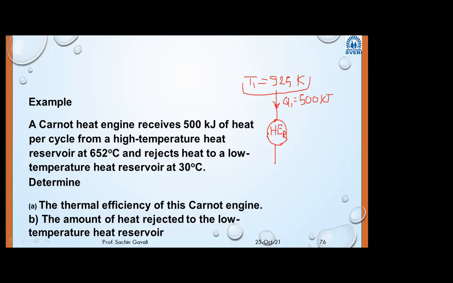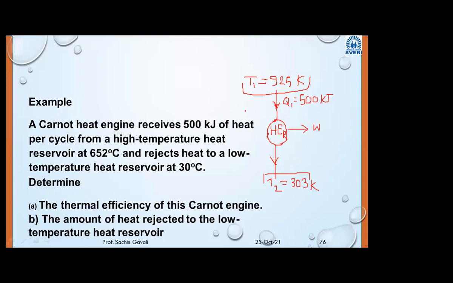And it is rejecting heat to T2 at 30 degrees, which means 273 plus 30 is 303 Kelvin. Only this much information is there. Since it is a Carnot heat engine, it will develop some amount of work, that is W. This is the given data we have represented pictorially.